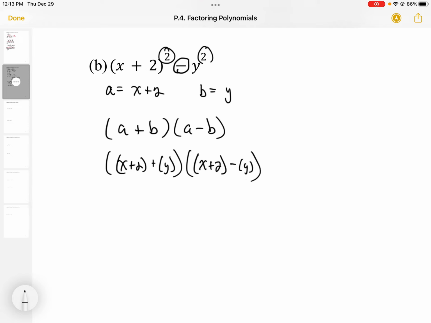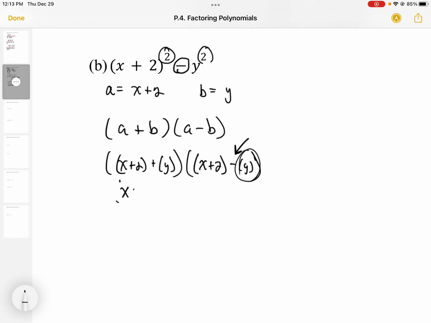Now I put a lot of parentheses here because I'm substituting in, but none of these parentheses are actually necessary. I like to put them in there because, see that minus sign? If the second term had two terms, that minus sign would make a big difference. We'd have to distribute that. In this case, because it's only one term, it doesn't really matter.